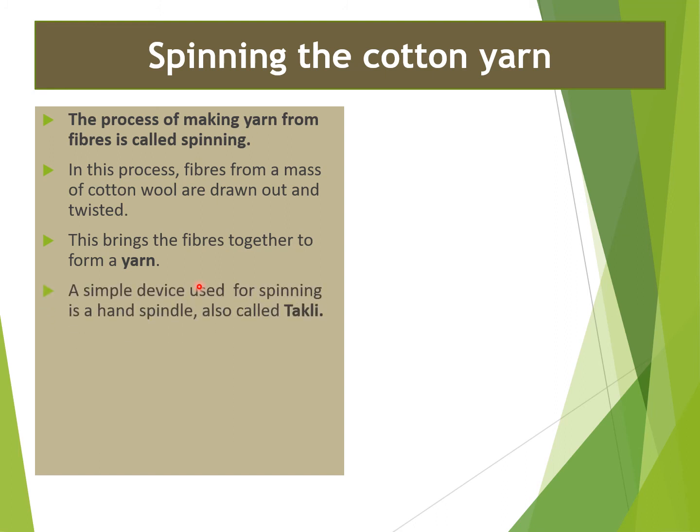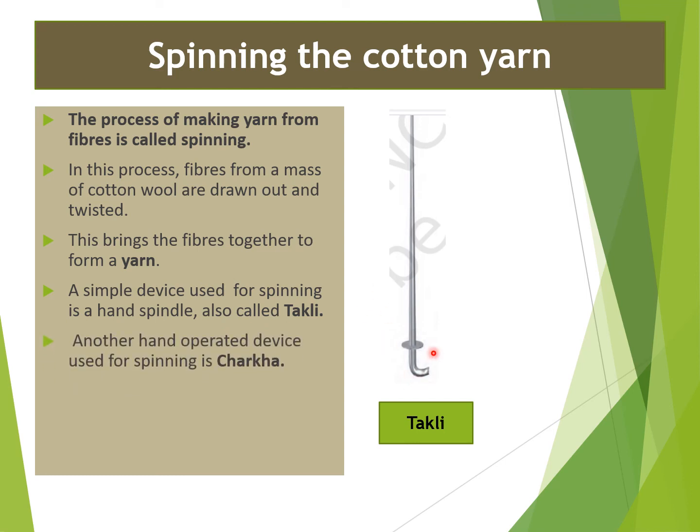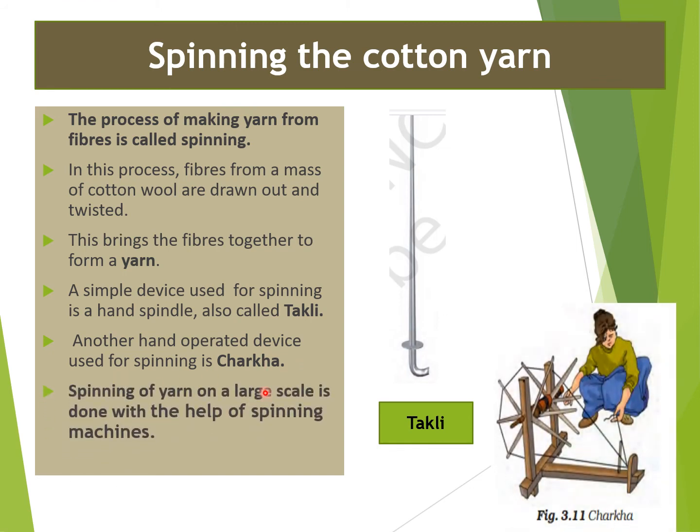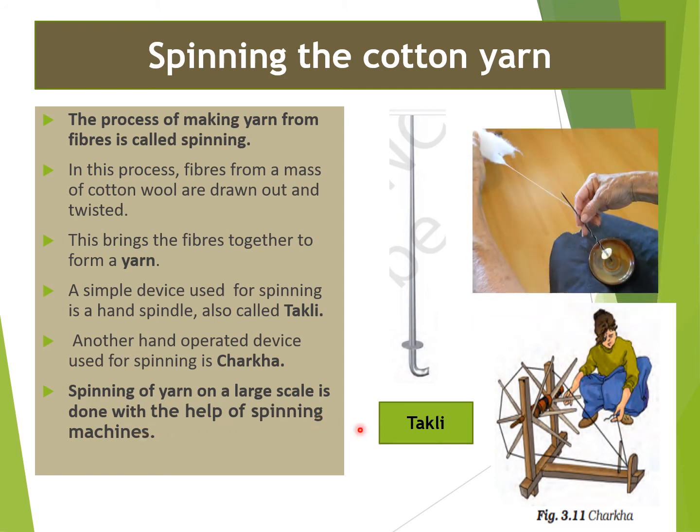A simple device used for spinning is a hand spindle known as takli. Another hand operated device which is used for spinning is charkha. Spinning on a large scale is done with the help of spinning machines. So this is the takli with which we can do the spinning of the cotton yarn, right?